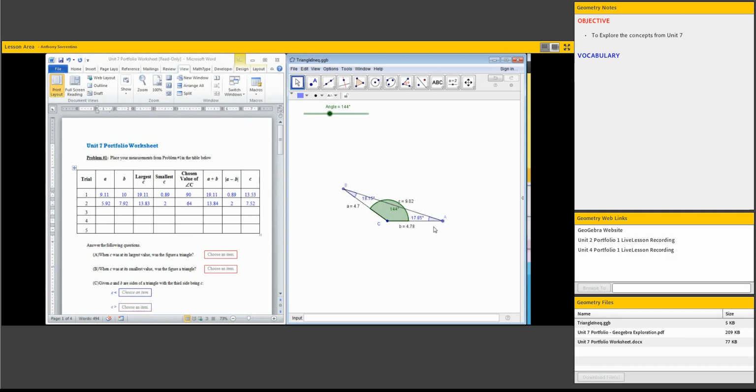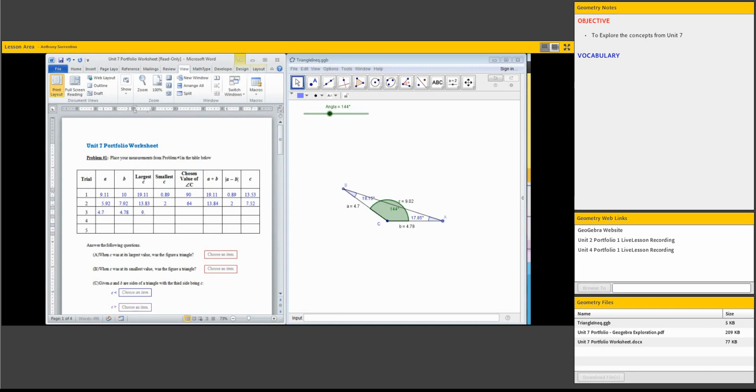So pretty close. I'm choosing to have A be 4.7 and B be 4.78.